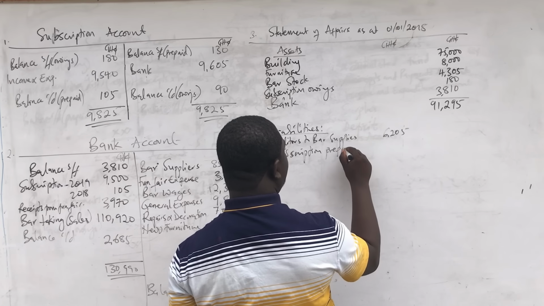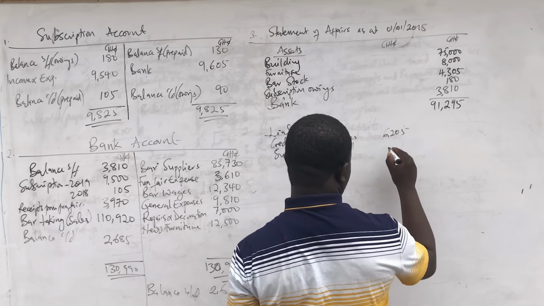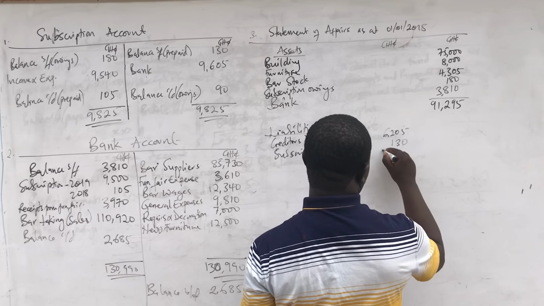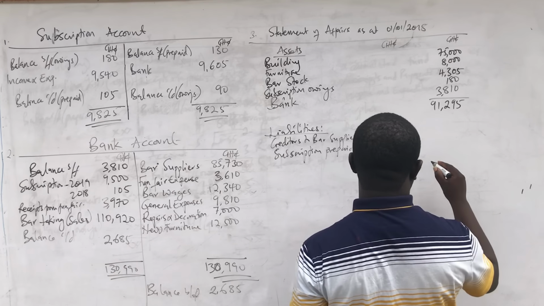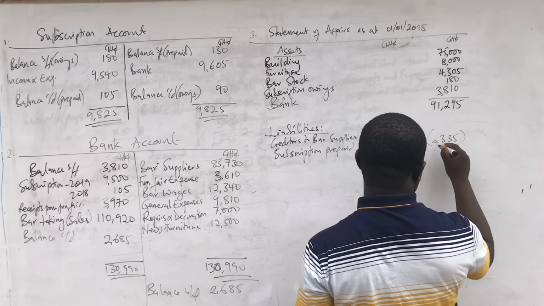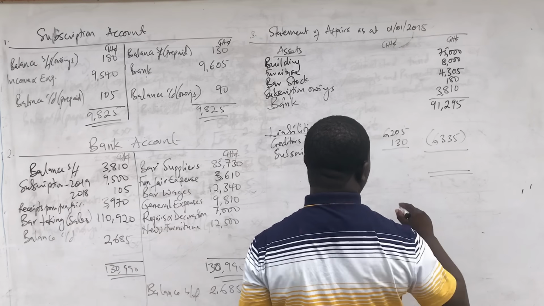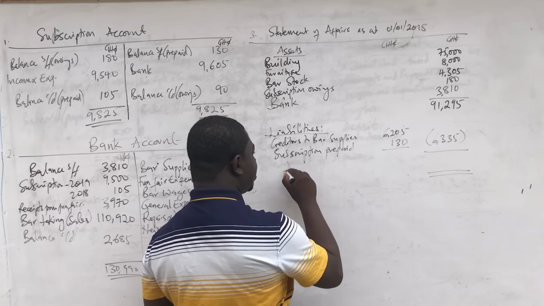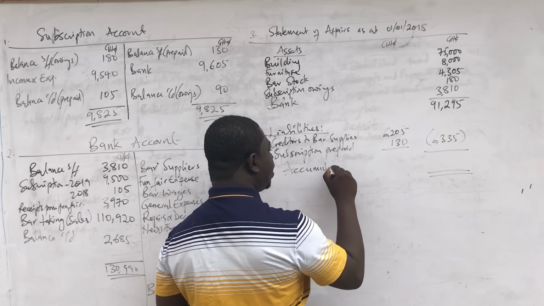We all know that income prepaid is a liability. So 130. So when we add, we have 6,335 that we are taking out from the assets. And the difference gives us our accumulated fund.